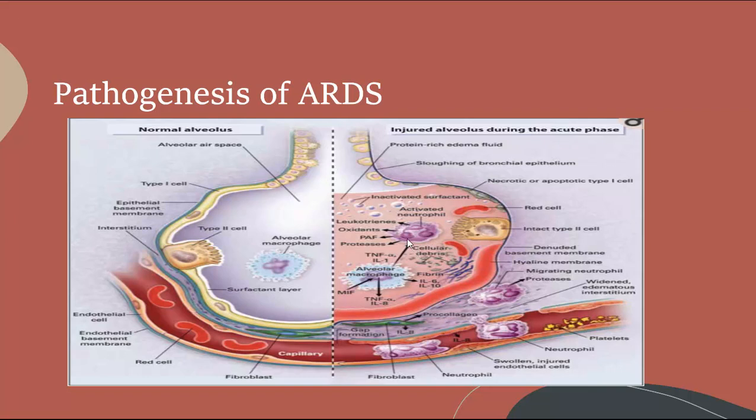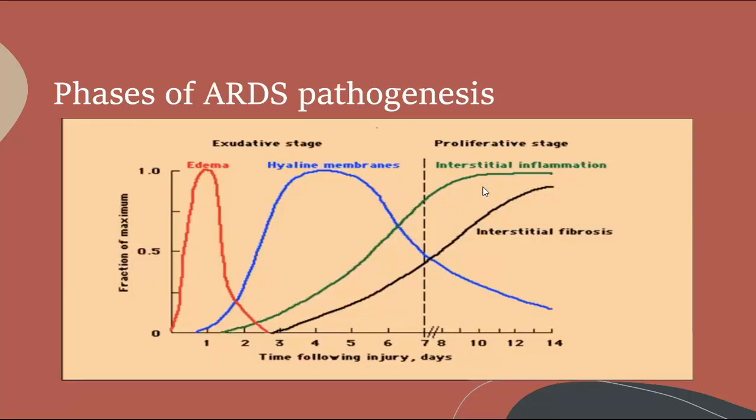The factors that activate the cascade include interleukin 1, interleukin 6, interleukin 10, tumor necrosis factor, and interleukin 8. They also found that interleukins activate the fibroblasts, causing collagen deposition. As you see here, there are stages of pathogenesis: the exudative stage, the proliferative stage, and, in some other classifications, a third one, which is fibrosis. In the first 2 to 3 days, you start to have fluid collection in the alveoli and interstitium, causing edema.